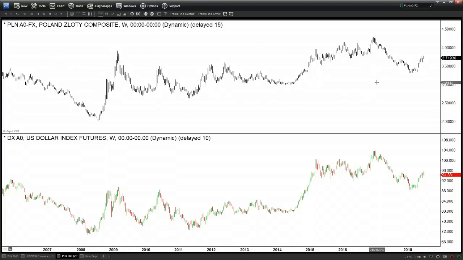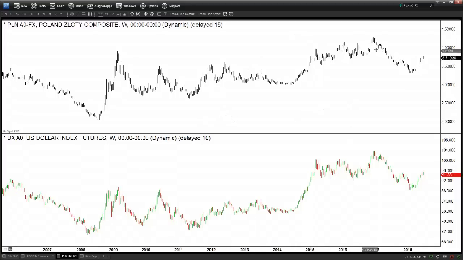So if you can forecast the PLN with a good certainty, the same thing can be said about the dollar index. You can extrapolate your finding in the PLN into the dollar index. So we do a lot of correlation at Elliott Wave Forecast, in addition to the Elliott Wave counting, to get the best possible interpretation of the move.